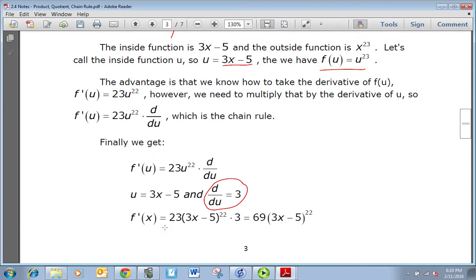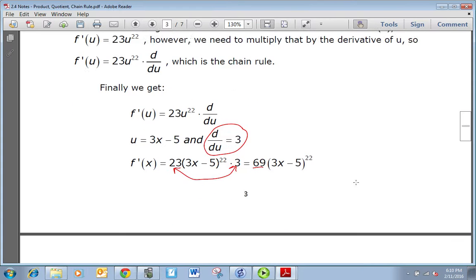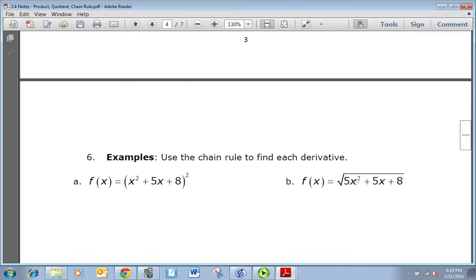So f prime of x is going to be 23 times the quantity 3x minus 5 to the 22nd power times 3. And if you combine the 3 and the 23 together by multiplication, you get 69 times (3x minus 5) to the 22nd power. So let's look at some more examples of that.